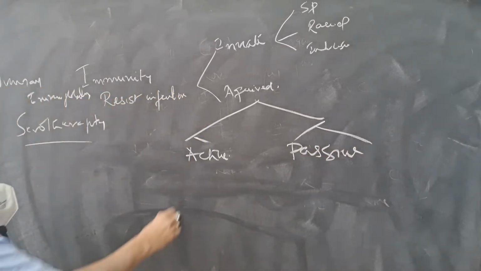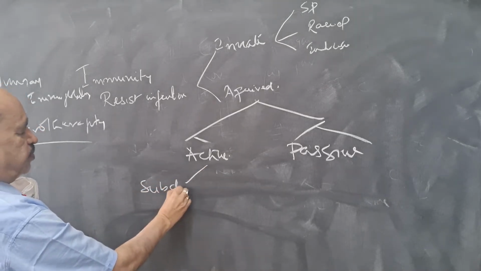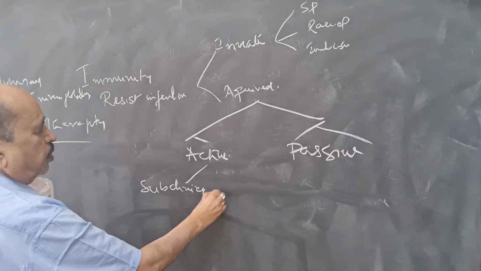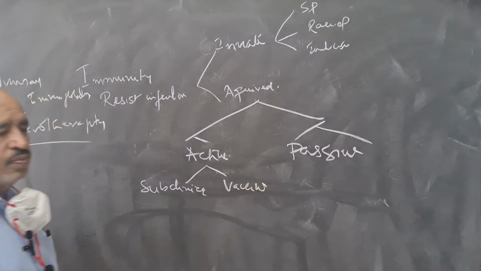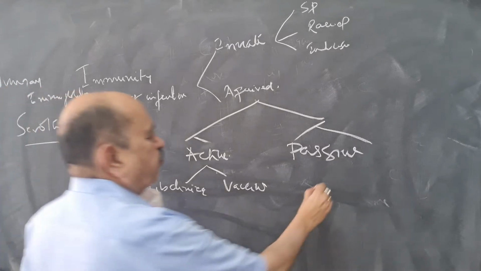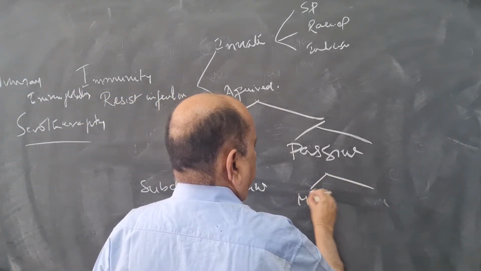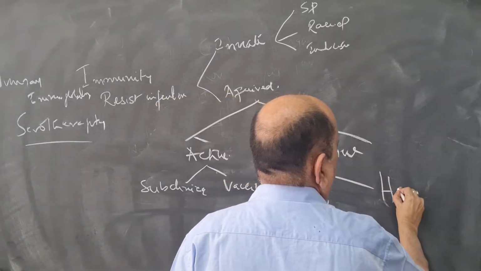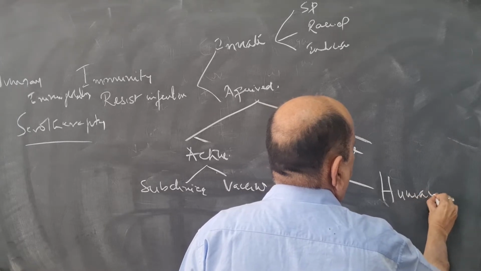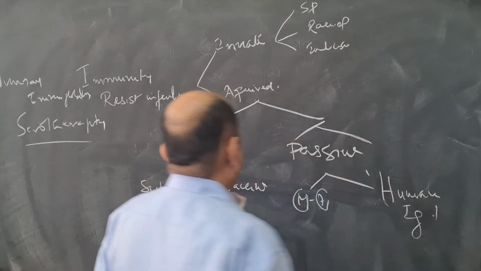What is active? Either repeated subclinical infection or taking a vaccine. Passive is from mother to fetus, or administration of human preformed antibodies, human immunoglobulins.